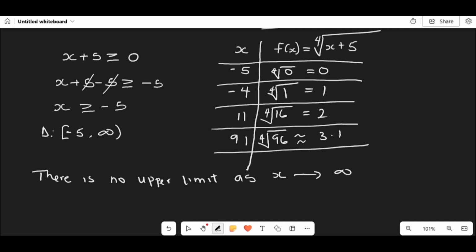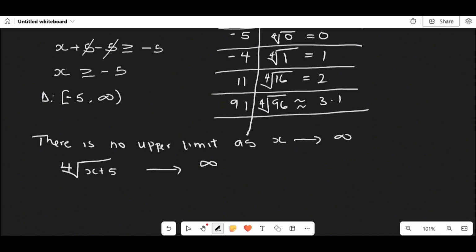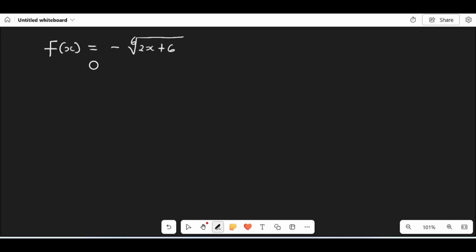Our function, the fourth root of x plus 5, also tends towards infinity. So our range is [0, infinity).